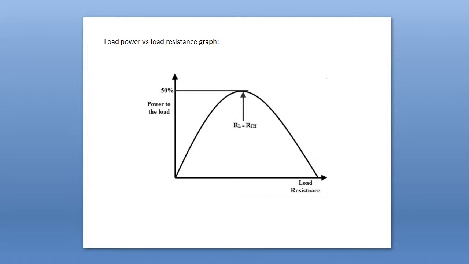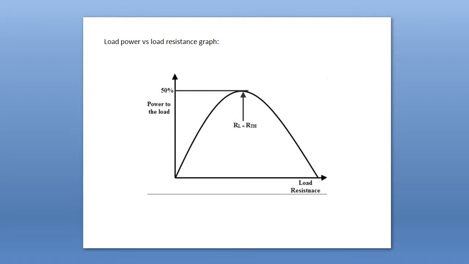Orijit, your answer. Theoretically we have proved that maximum power will be transferred from source side to load side if RL equal to RTH. But if you select load resistance equal to Thevenin resistance and source resistance of the circuit, then maximum power will deliver.